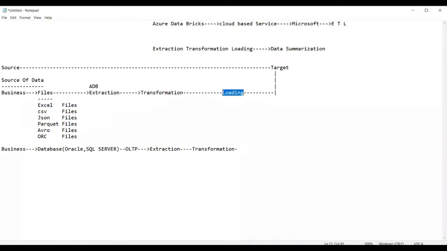So now, guys, loading will be done. Once the loading is done, the data will be loaded into the destination. That means this is the destination. Getting my point?